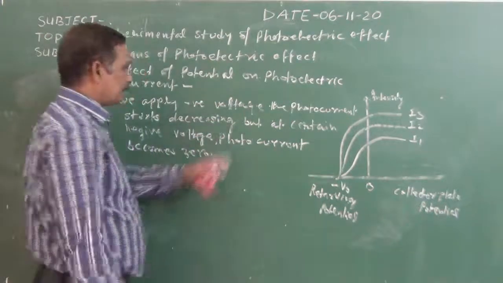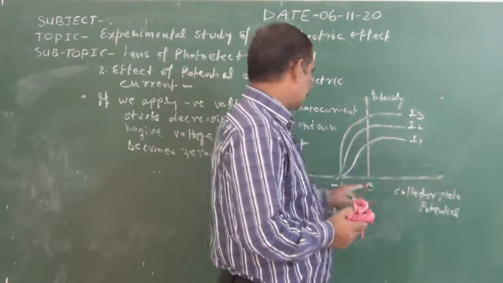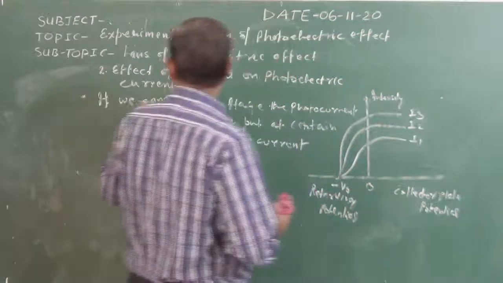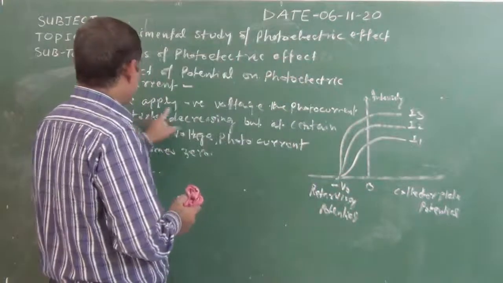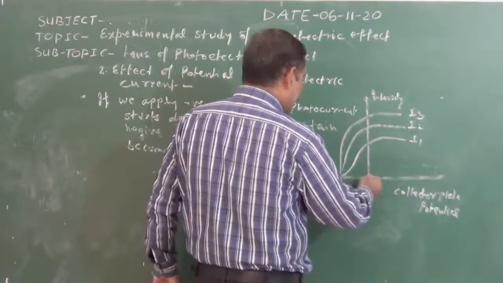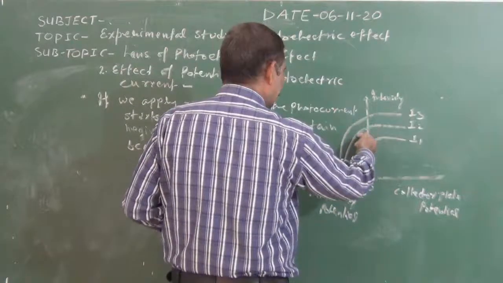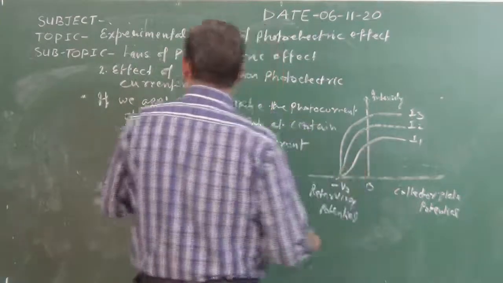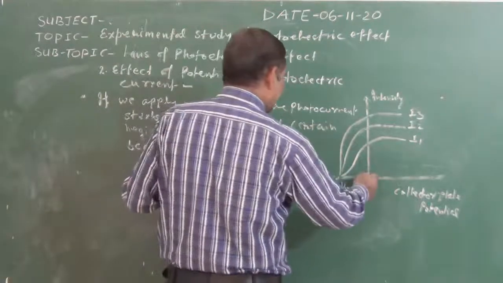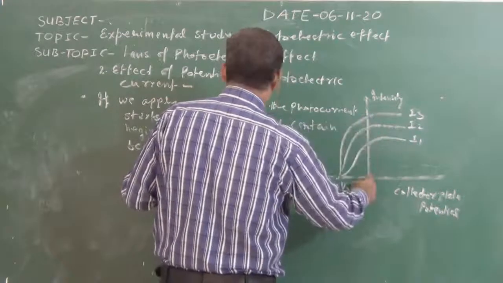So see the graph. This is collector plate potential, this is positive potential, this is retarding potential, that is negative potential, this is intensity. From this it is clear that if we apply negative voltage on this side, the photocurrent starts decreasing, and at a certain negative voltage the photocurrent becomes zero.